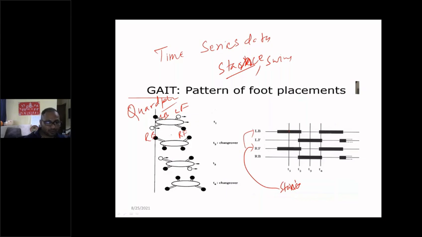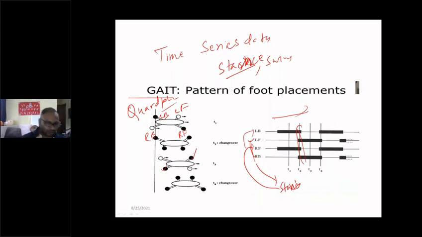This is double support because all 4 are on the ground, so at time t2, all 4 are on the ground. After that, once the changeover has taken place, now the left front and right back are coming into the stance phase, and the left back and left front are going to become the swing phase. Again, the takeover happens. So this is the time series evolution, and that is how the gait pattern moves.